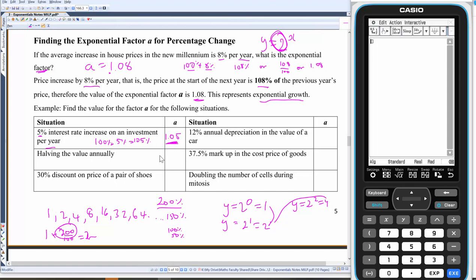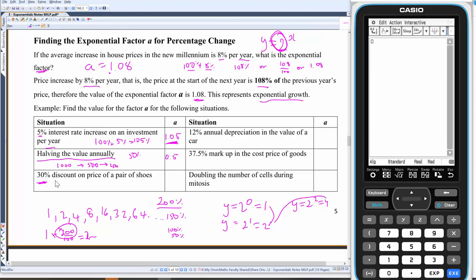So our A value there would be 1.05. Okay, this one is halving the value annually. So basically, if I invested 1,000, what would happen after 1 year is that it would be worth 500, then 250, etc., etc. So what that represents is 50% of the previous year's value. So that'd be 50% or 0.5, and that's going to halve the amount.